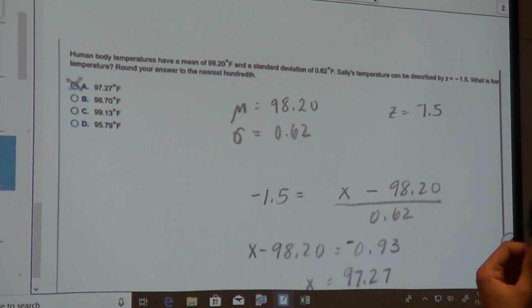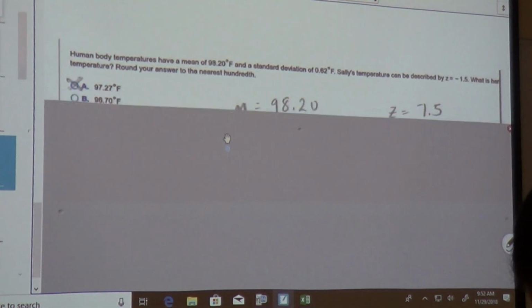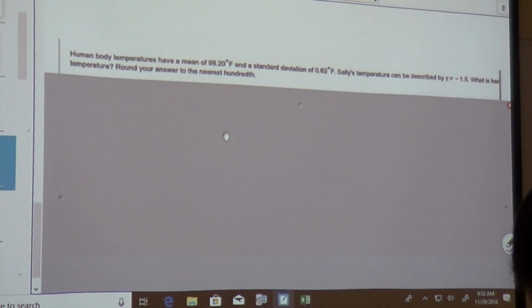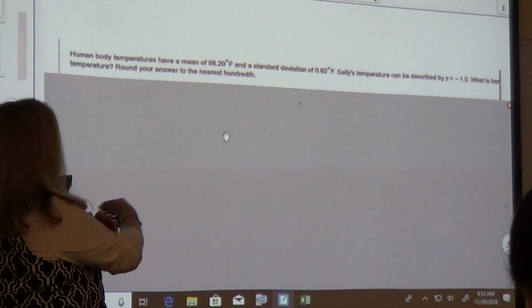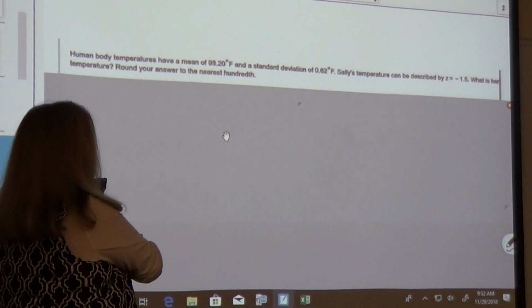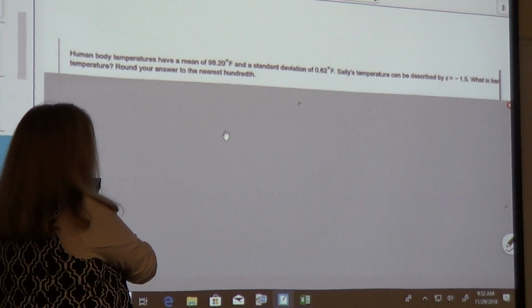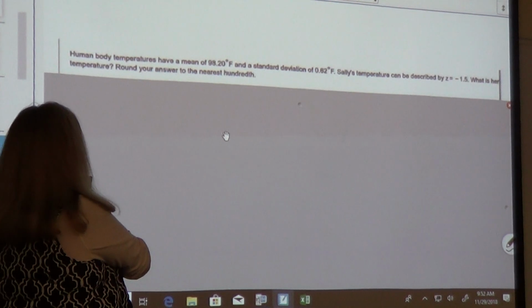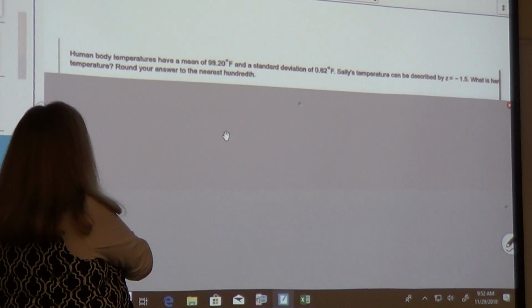All right, now let me cover up for a second so we can talk about this next one. It says your human body temperature has a mean of 98.2 with a standard deviation of 0.62. Sally's temperature can be described by a z-score of -0.5. What is her temperature?